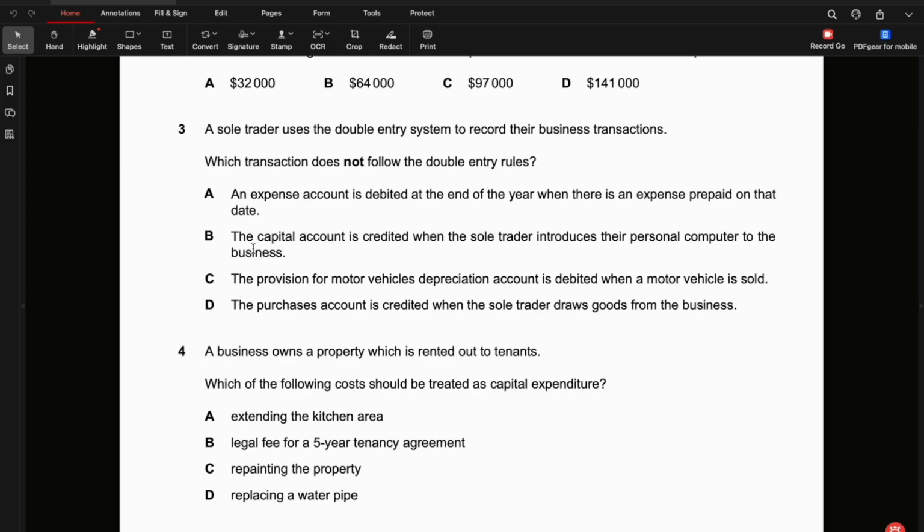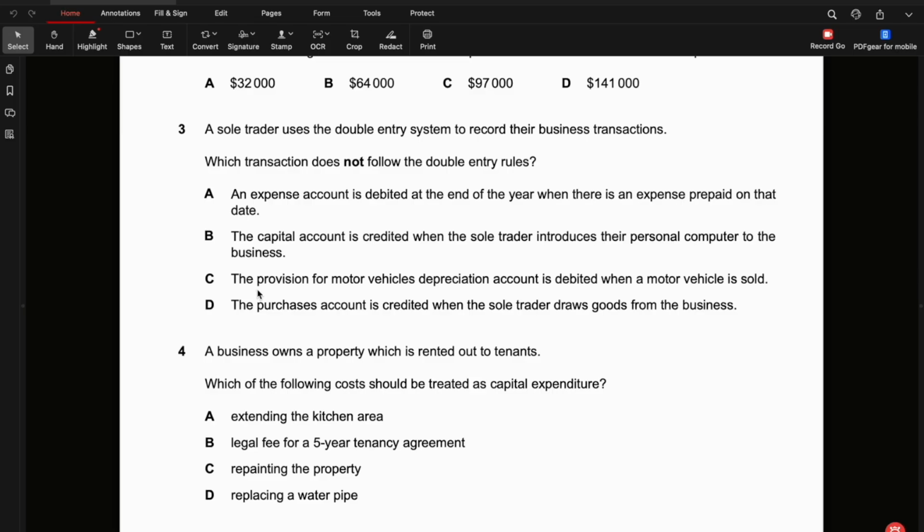Number B, a capital account is credited when a sole trader introduced their personal computer to business. Yes. So owner is introducing personal computer. So this is the additional capital. Capital account is credited and ultimately personal computer or the asset account will be debited.